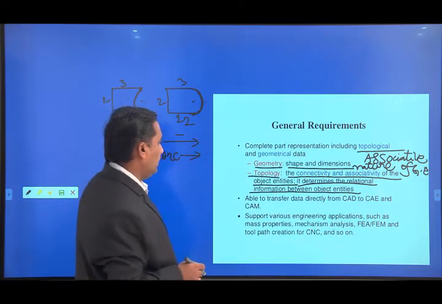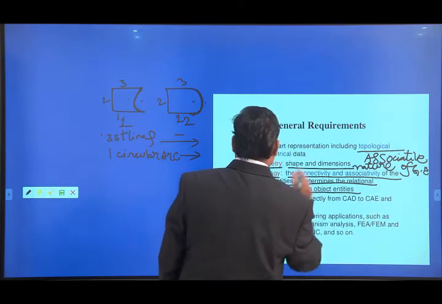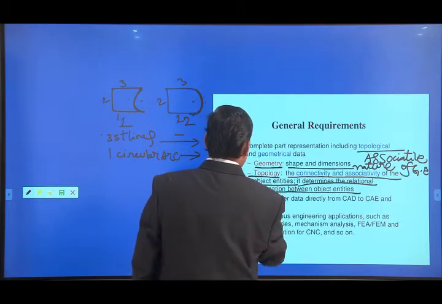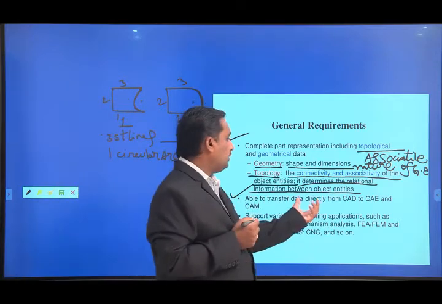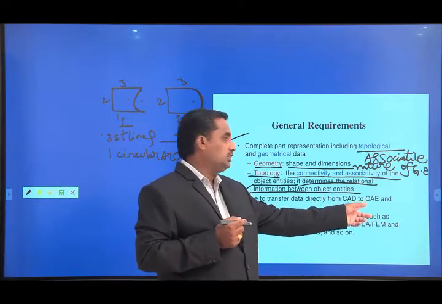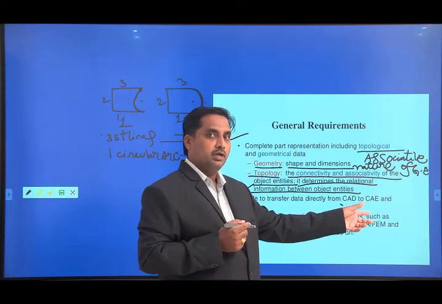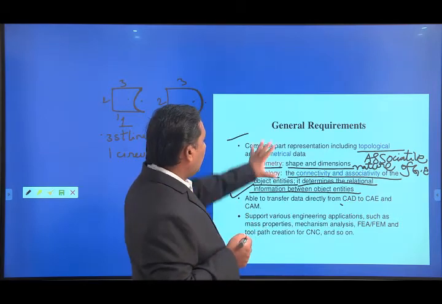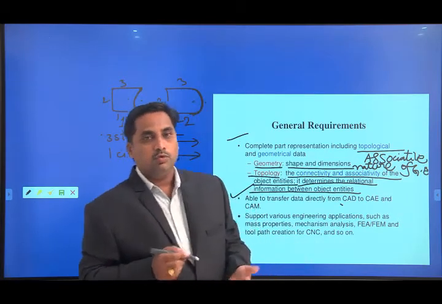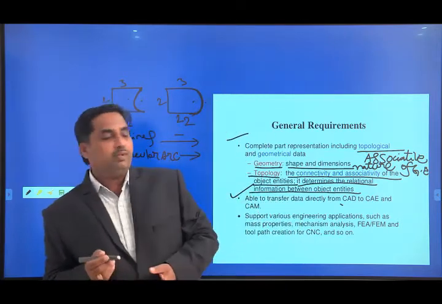Next one is being able to transfer data directly from CAD to CAE and CAM. CAE means computer aided engineering. CAD means computer aided design. Suppose we model different components by mathematical representation.